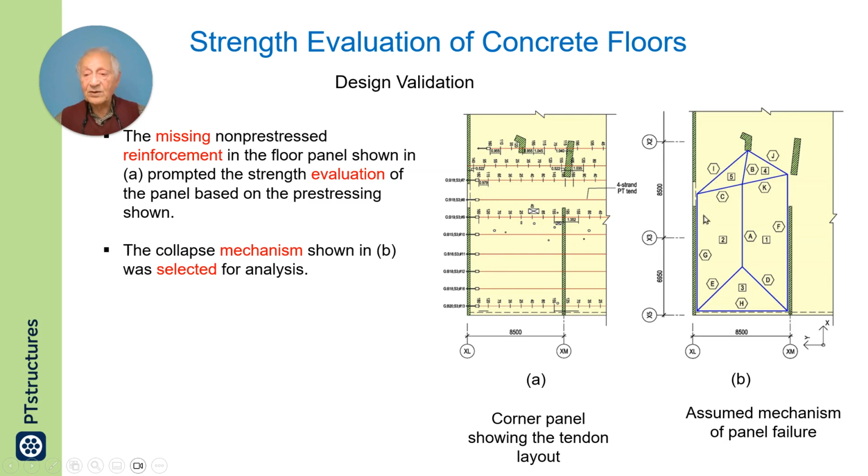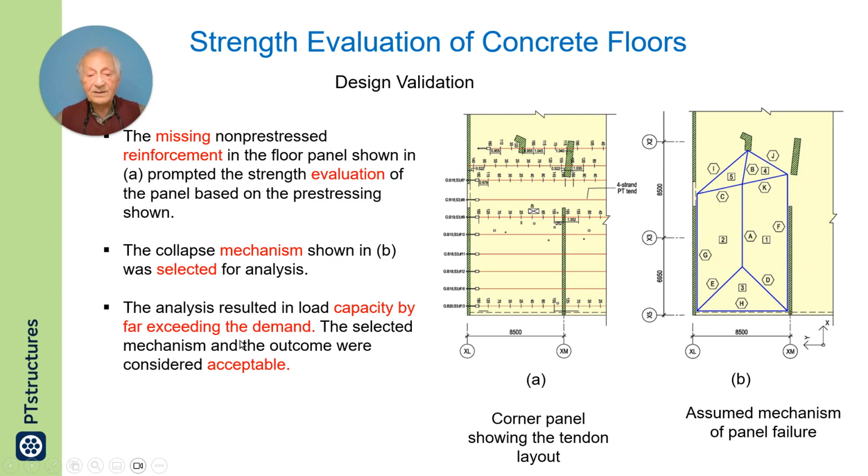This type of collapse mechanism was assumed. From here to here, deflecting downward. This triangle hinges about here, and then no downward movement here, no downward movement here. So the region was broken down into these segments.